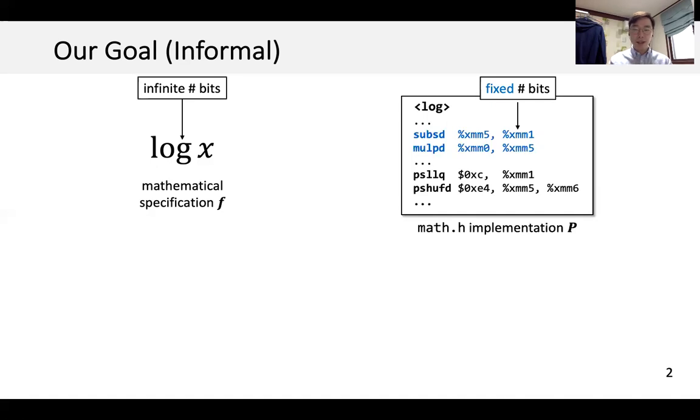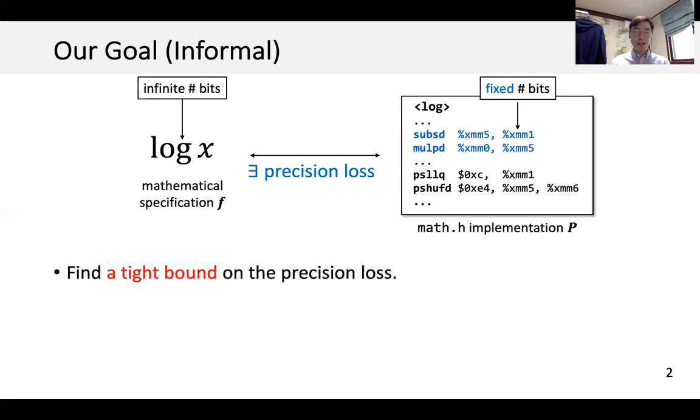So this indicates that any floating point implementation cannot compute the mathematically exact result for most inputs. In other words, there must be some kind of precision loss for any floating point implementation. And we're particularly interested in finding a tight bound on the precision loss of those floating point implementations. So this is the problem that we are interested in.